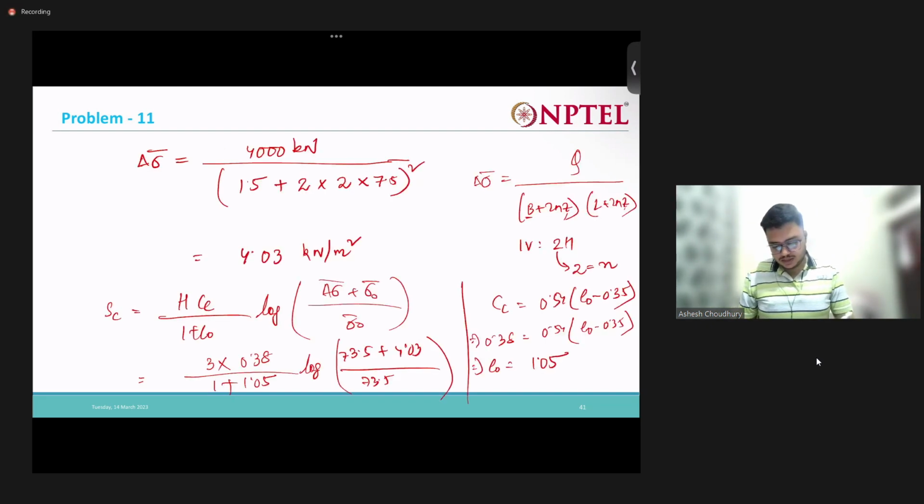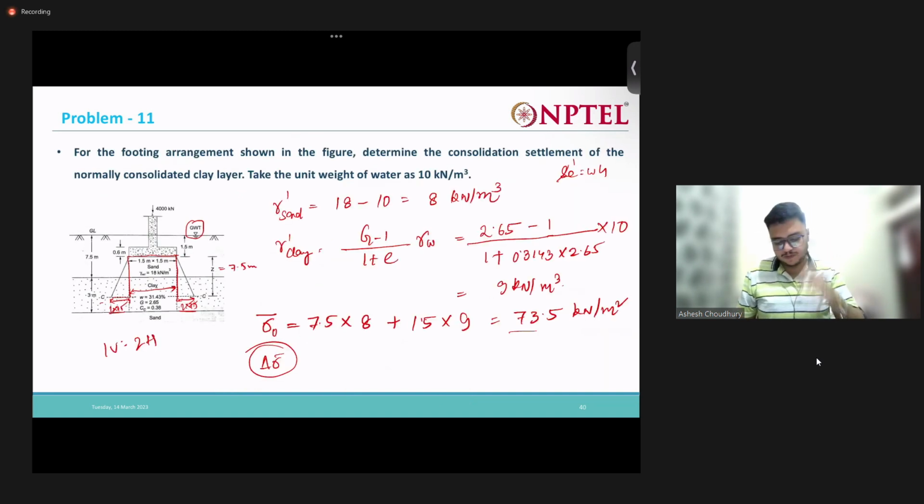Please check the result yourself, whether all the values are correct. The problem was actually quite similar to the previous problem that we solved.